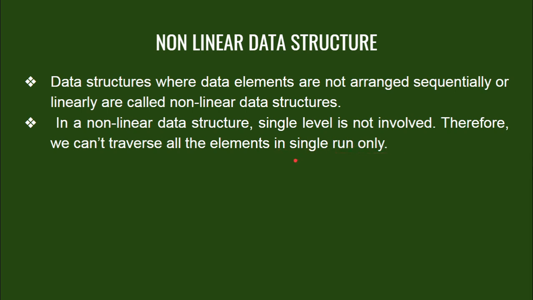If we want to visit the data in a single pass, all data cannot be traversed. Only one branch or one section of data can be traversed. That means this non-linear data structure needs multiple runs or multiple passes so that all data can be visited.